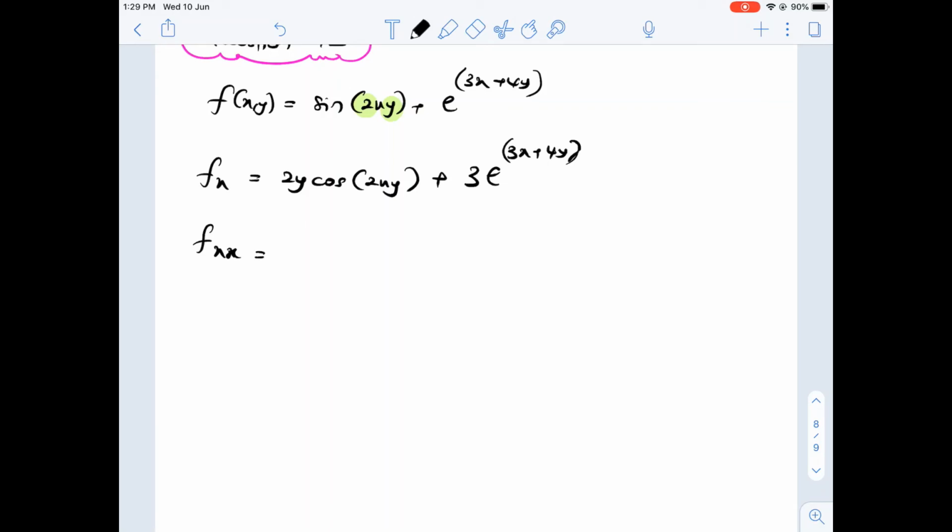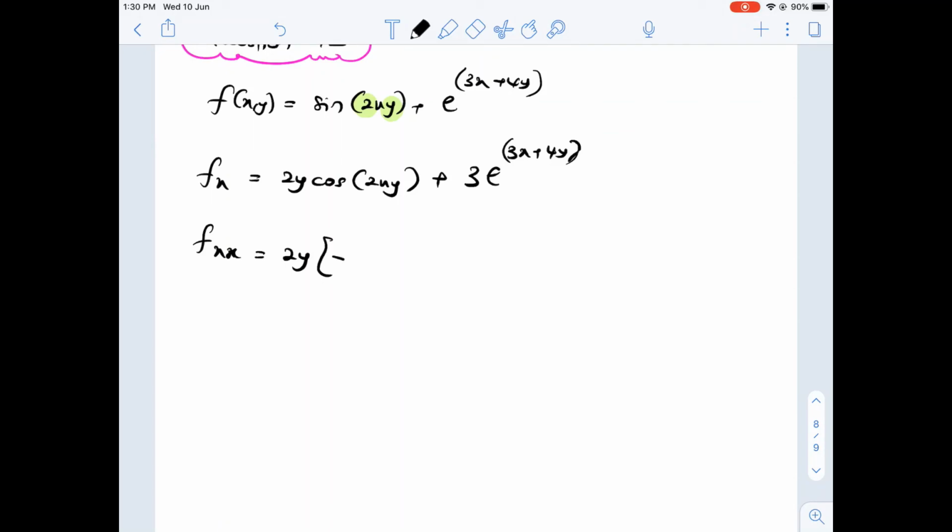So 2y, okay, differentiate cos 2xy. 2y becomes a constant, so differentiating cos gives negative, right?